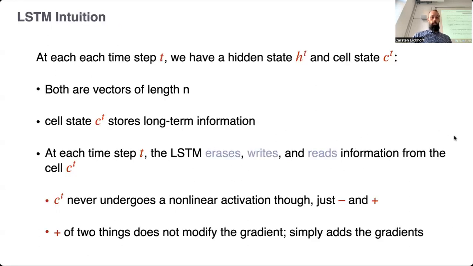Okay. All right. So quick intuition, and then we'll look at a few shiny diagrams and see where this gets us. So we're doing things over time again. So the processing principle is going to be pretty similar to what we've seen from RNNs. And we have our hidden state and our cell context, right?